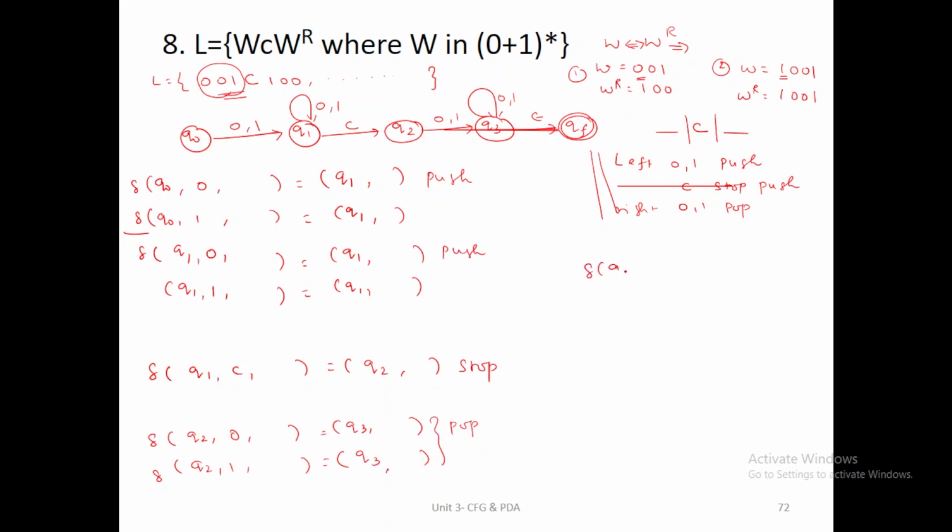Then after that, Q3 with 0 stays in Q3 state, with pop operation. Either Q3 reads a symbol on tape, 0 or 1, for this also the pop operation is there. After that, if Q3 reads epsilon, you can go to the final state.